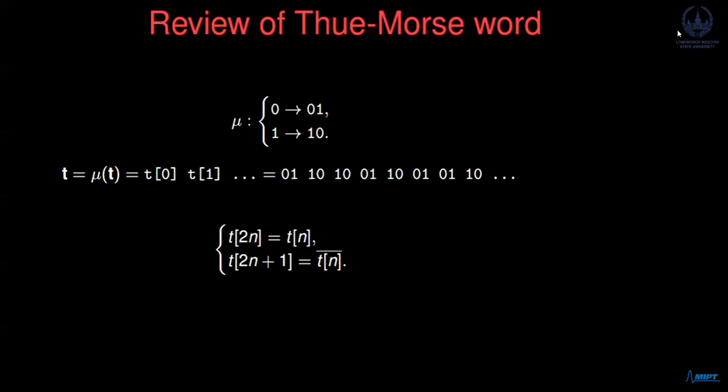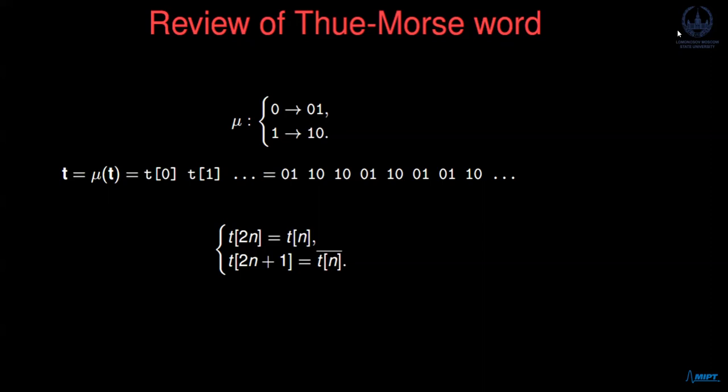The substitution rule of mu: 0 maps to 0, 1, and 1 maps to 1, 0. That is, we substitute 0 by 0, 1, and we substitute 1 by 1, 0.